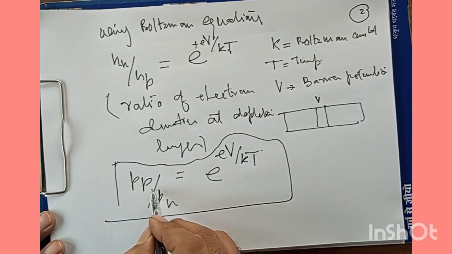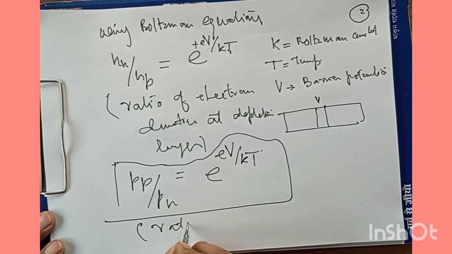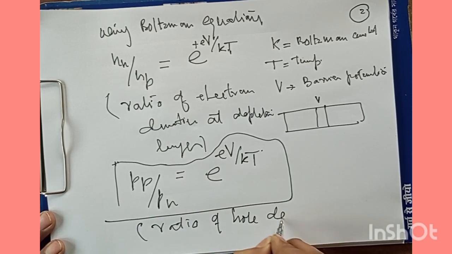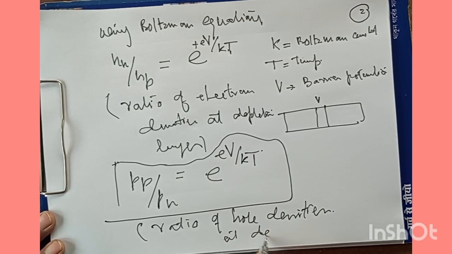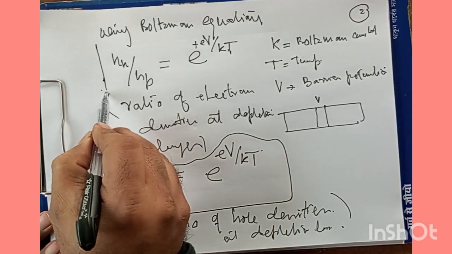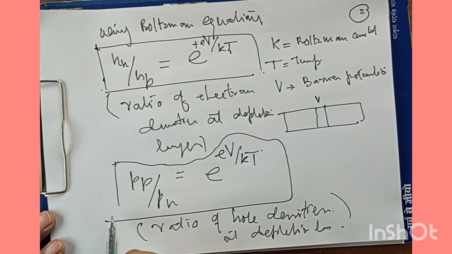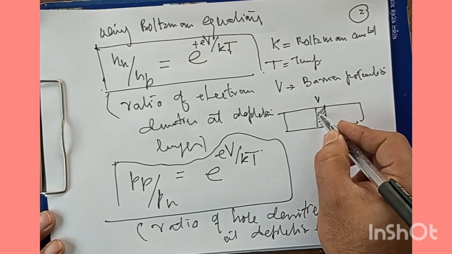This p of p and p of n gives me the ratio of hole densities at the depletion layer. So this is my ratio of electron densities, and this is my ratio of hole densities at the depletion layer.